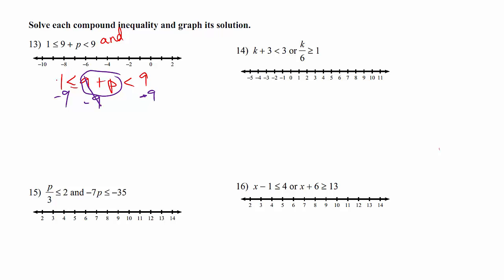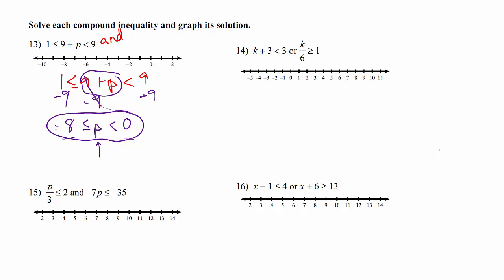That gives us 1 minus 9, which is -8, less than or equal to p, which is less than 0. What this is saying is that p has to be between -8 and 0. So that's where we're going to shade on our graph, between -8 and 0.